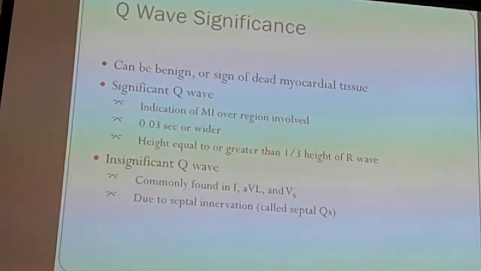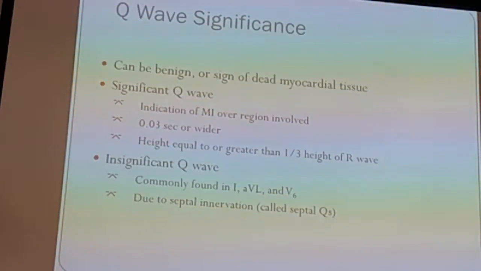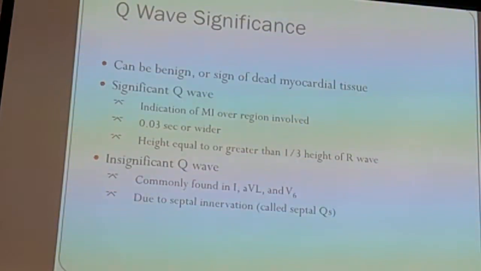Okay. If the Q wave is 0.03 seconds or wider, meaning from the start of the Q wave to the end of the Q wave, if the time it takes for the Q wave to start and end is greater than 0.03 seconds, which is basically one little box, which is 0.04 seconds, I'll come back to the timing of that a little bit later.